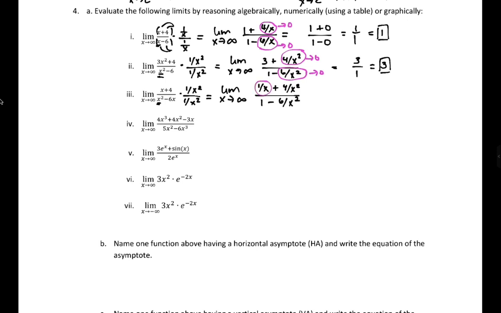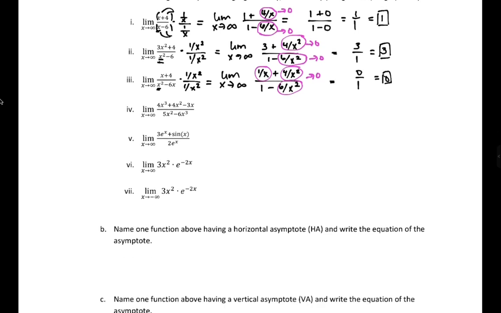All three circled terms go to 0 as x gets arbitrarily large, so this limit equals 0 over 1. 0 over 1 is not an indeterminate form; that's equal to the number 0. So this limit equals 0.